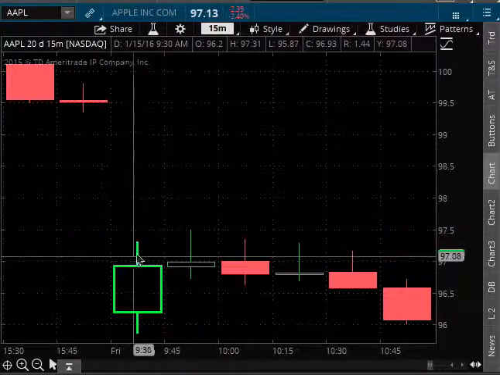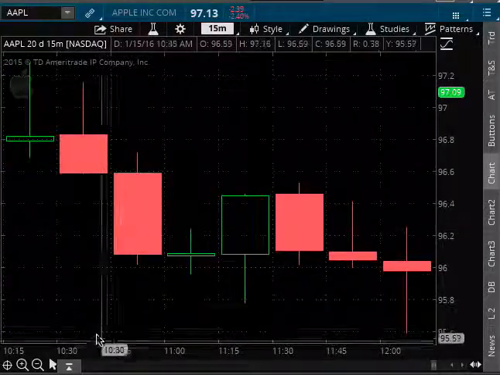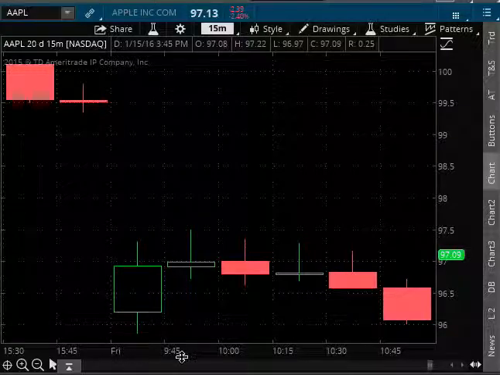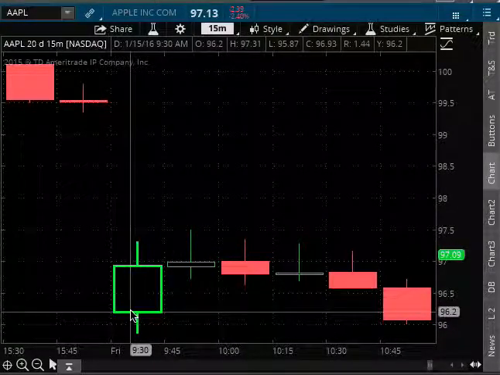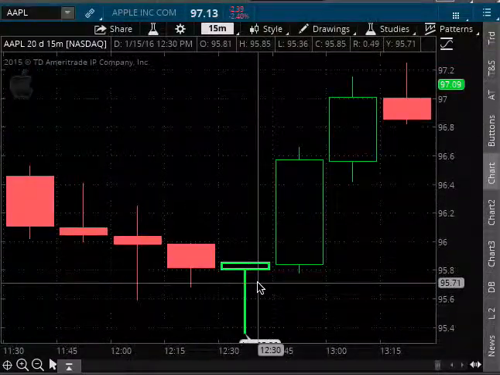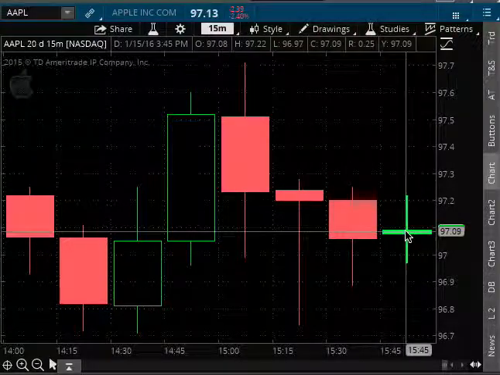Again, you go from left to right when reading them. The time frame is here. Again, we were looking at Friday. Apple opened right around $96.20. Let's see what happened at the end of the day. At the end of the day, Apple closed at $97.09.